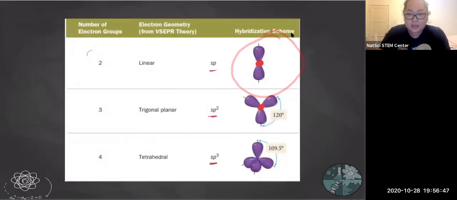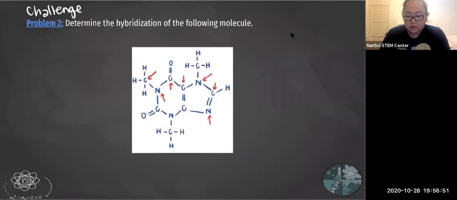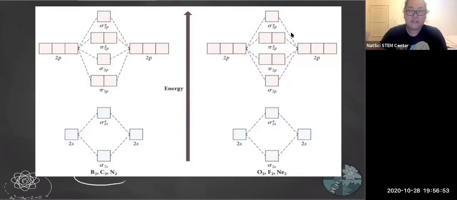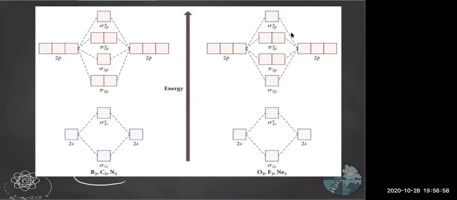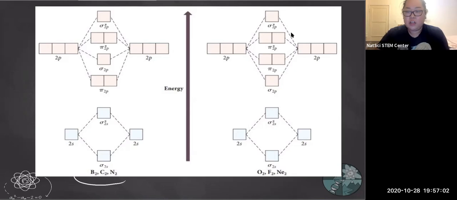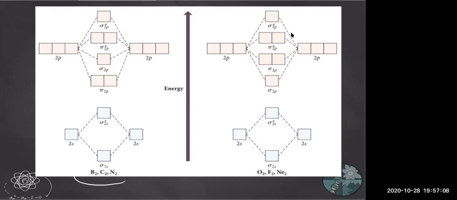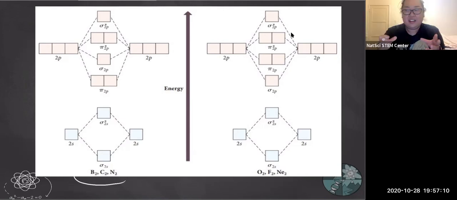This is very much a theoretical side to the molecular orbital energy, and this diagram is just a way to fill it out with your electrons versus drawing it.